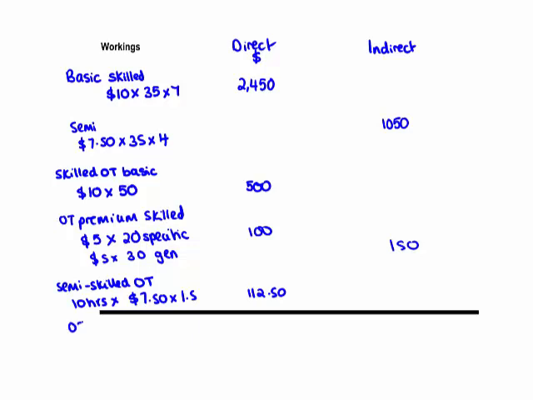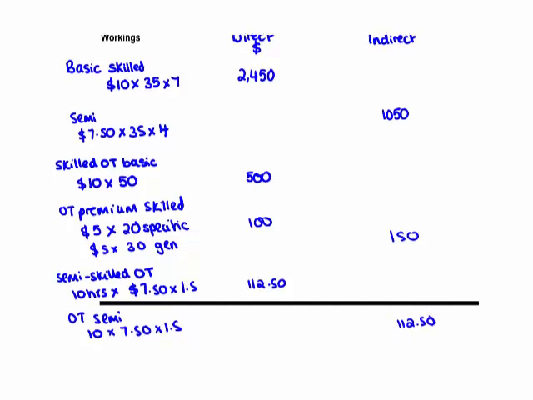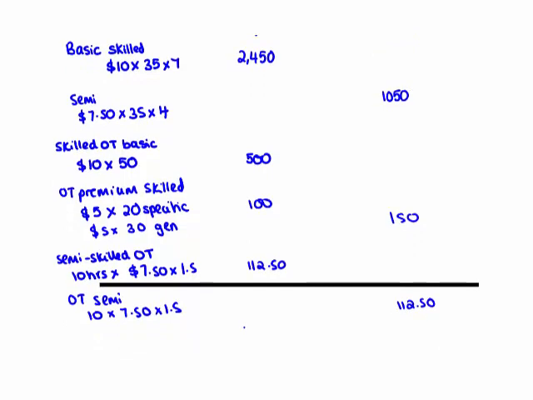The overtime that the semi-skilled have done for general production requirements will all be an indirect cost, because their basic pay is indirect and also their premium will be indirect because it's for general production.